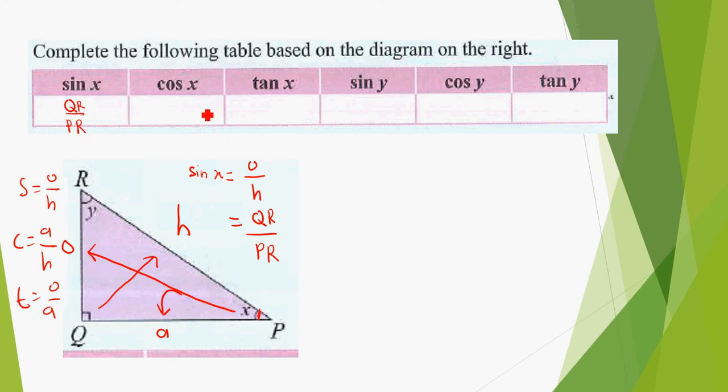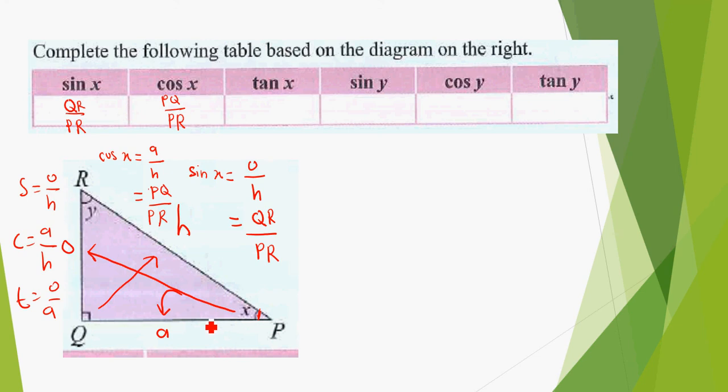Now cos. Cos X is adjacent over hypotenuse. The adjacent, look at the diagram, is PQ, and the hypotenuse is PR. So PQ over PR.